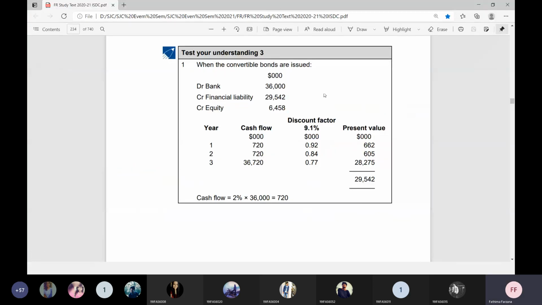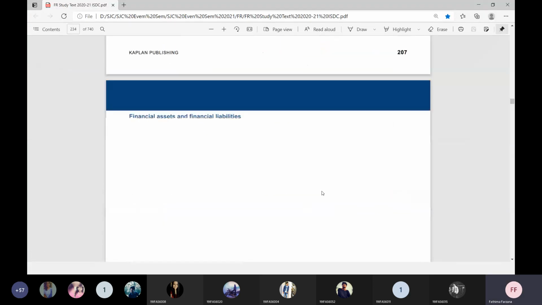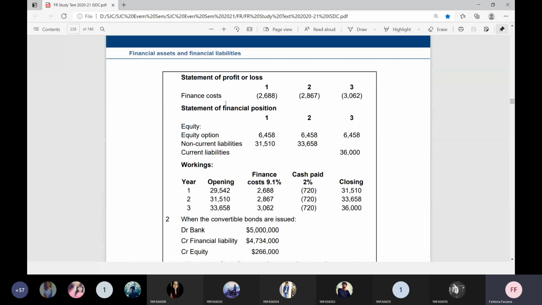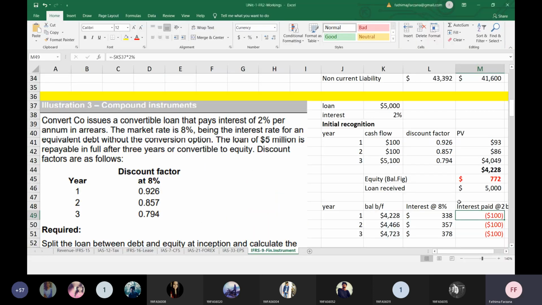Same here, they have taken the market rate as the discount factor. The formula itself explains that. And coming to finance cost, we will take only this one, 9.1. How much is the actual finance cost? This is the finance cost. This is the cash paid, amount paid, 720. So rather than interest, I'll write amount paid only to avoid confusion.